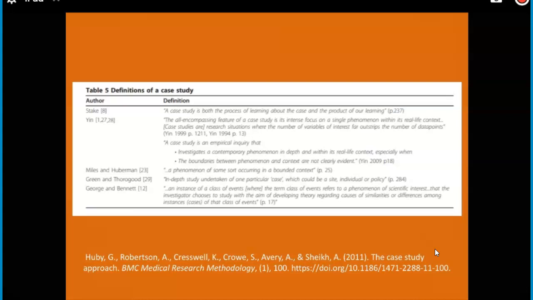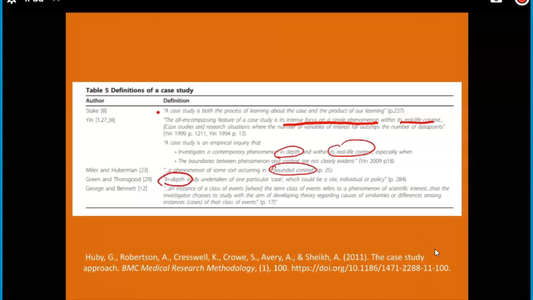But here are some of the definitions of a case study. The case study is both a process of learning about the case and a product of our learning, very eclectic. What I like here: the all-encompassing feature of a case study is intense focus on a single phenomenon within its real-life context, right? It investigates a phenomenon in depth and within its real-time context, a phenomenon of some sort occurring in a bounded context.